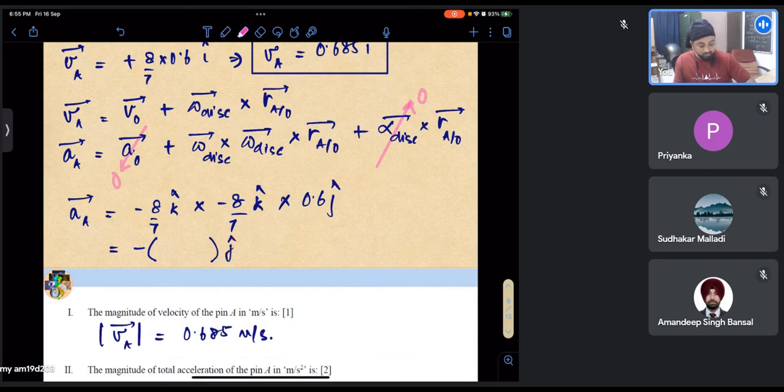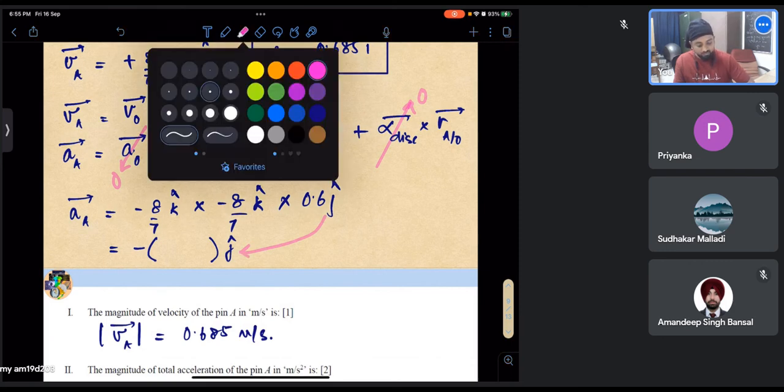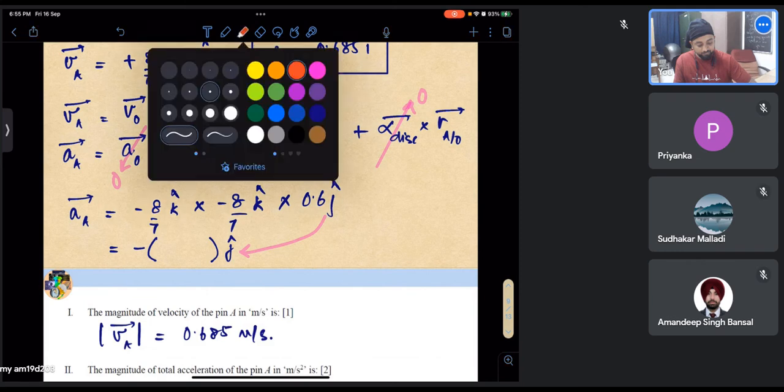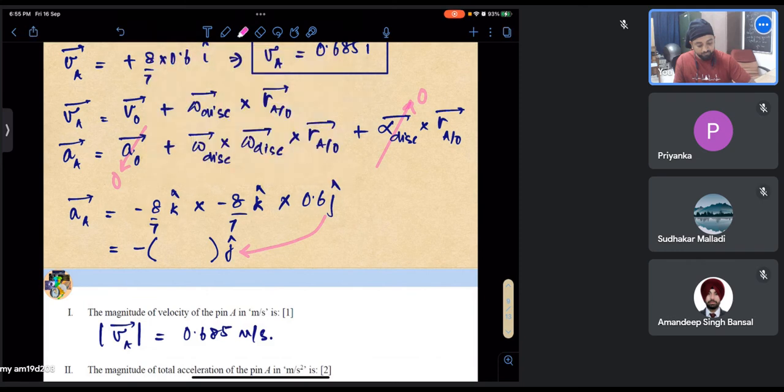So this j will again get replicated here when we do double cross products, and it will be the product of these quantities.